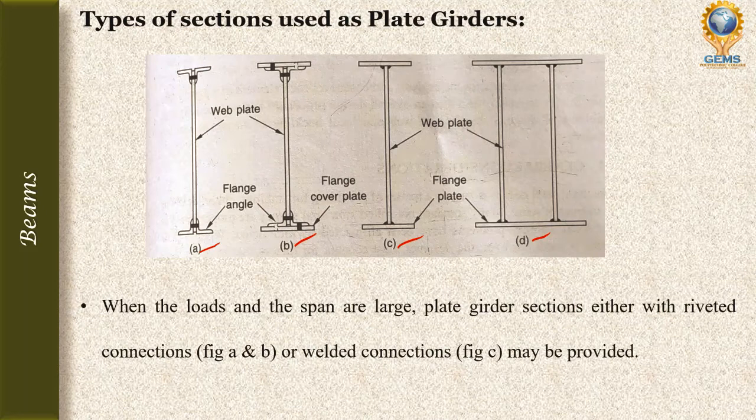When the load and span are large, the plate girder sections with either riveted connection or welded connection may be used. So if your load is large and the span is also large, we can use A, B or C.